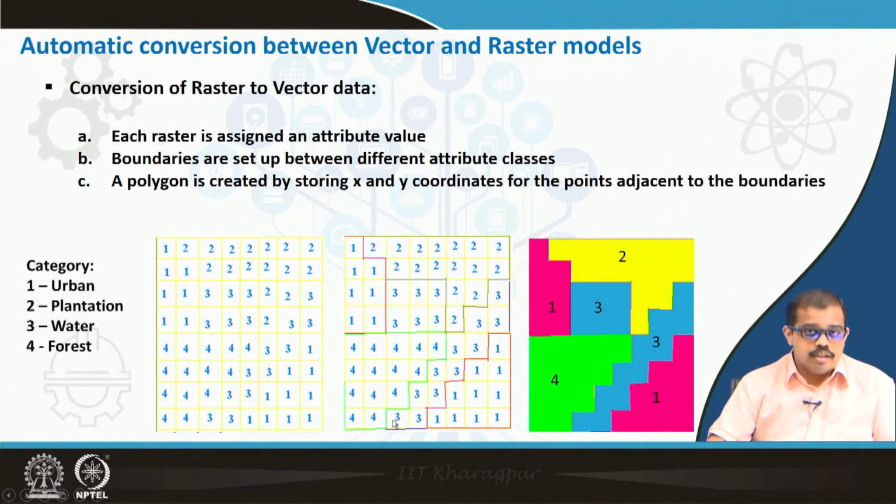If the pixels are continuous, draw it as a single boundary. If it is different, you have 3 2's here, 2 2's here, so each of these will become a polygon. Based on that you draw the boundary. Once you have drawn this boundary, each of these can be converted as a polygon, line or a point. A polygon is created by storing the x and y coordinates for points adjacent to the boundaries.